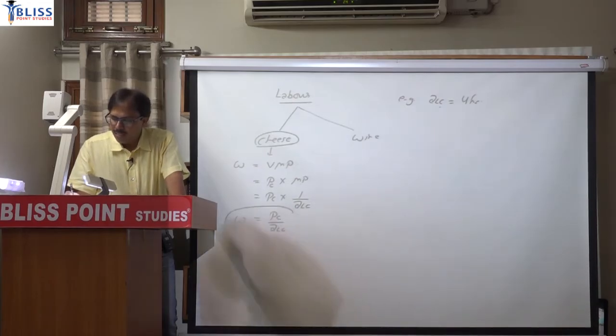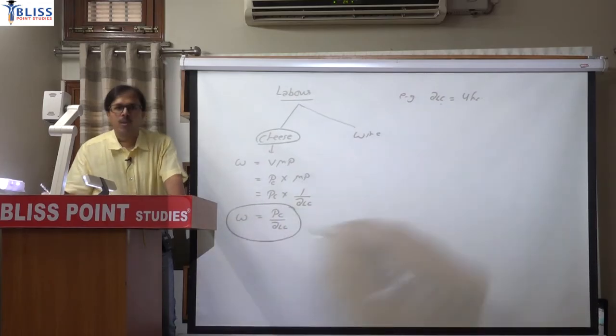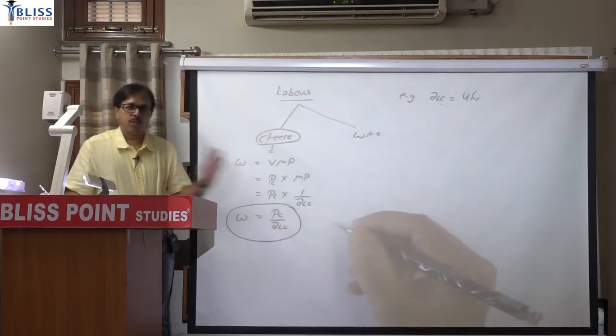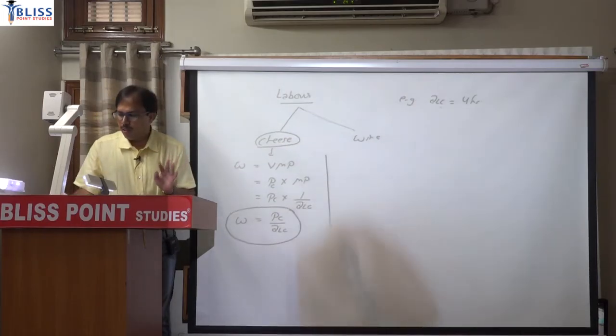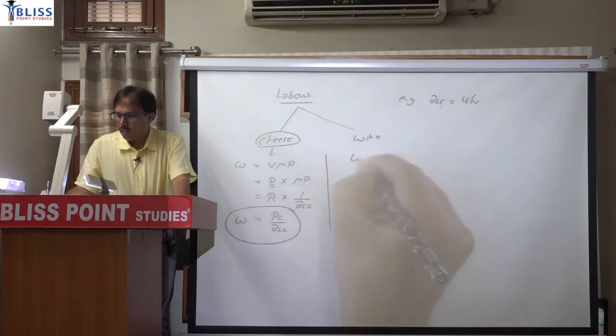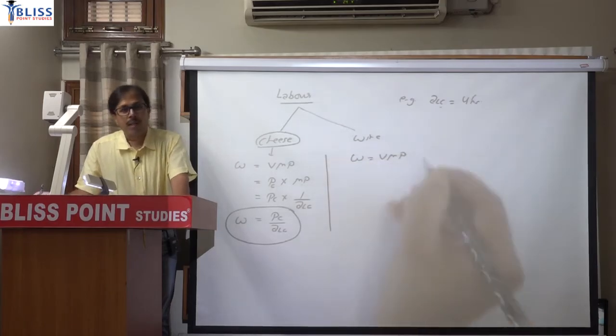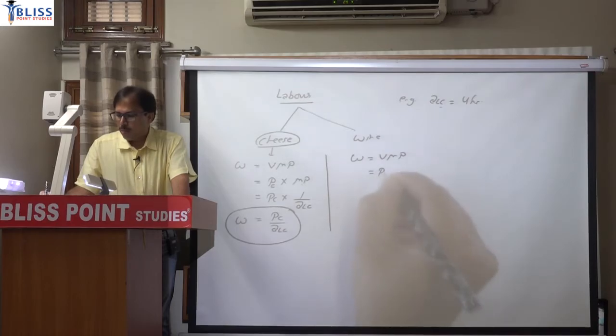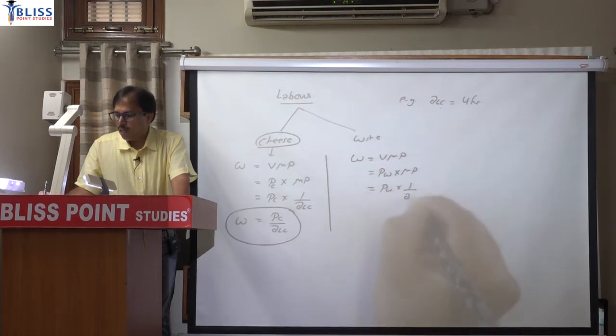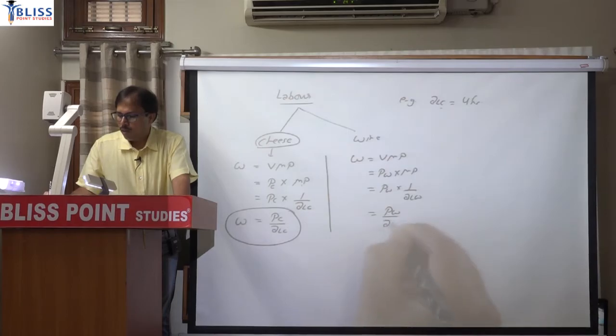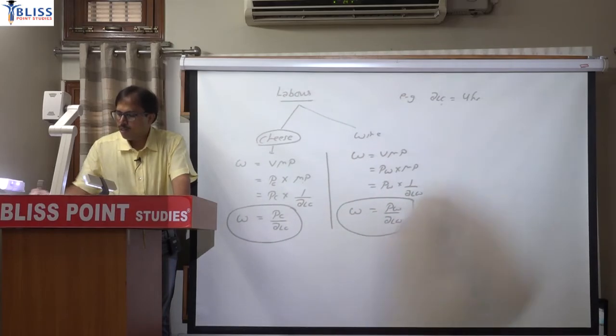Wage in the cheese sector will be PC upon ALC. Similarly, if you determine wage in wine, then wage will be equal to VMP of labor in wine, and that will be price of wine multiplied by marginal product, which is 1 upon ALW. So it becomes PW upon ALW, that is wage in wine. Clear?